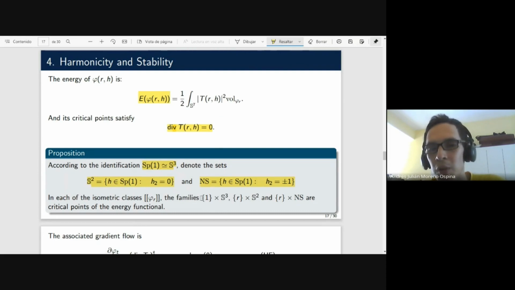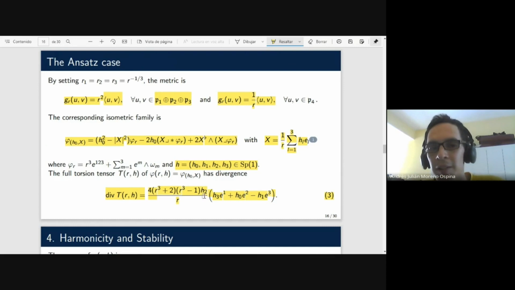So the critical points are these families, right? Because the equation is 0 when r is equal to 1, and it's 0 when h2 is equal to 0, or in the other cases, the other 3 components are 0.